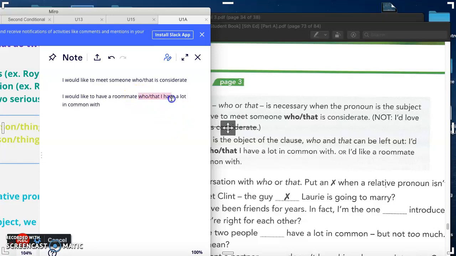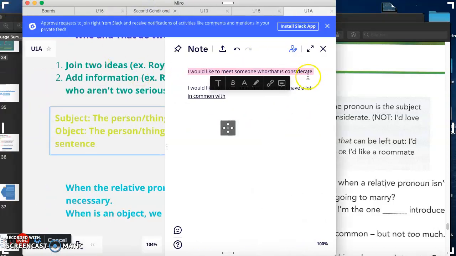So basically in here we are just adding more information. This is the information that we are adding in here. Who or that I have a lot in common with, and in here we are linking two ideas as I mentioned. The two ideas are is considerate and I would like to meet someone.